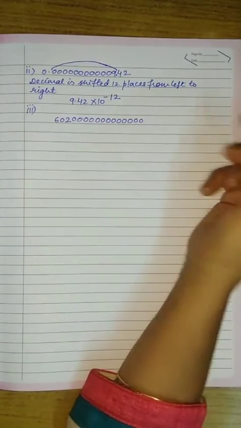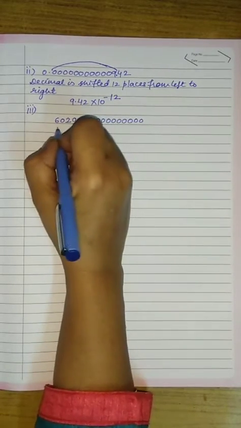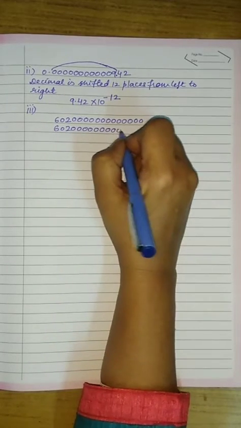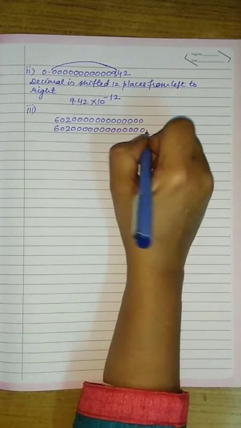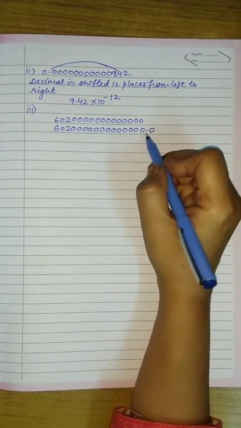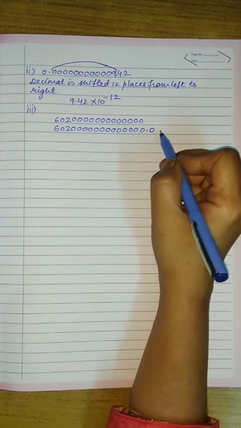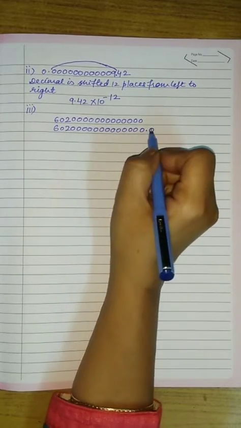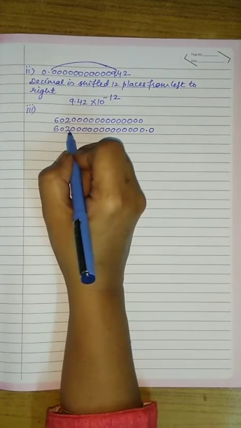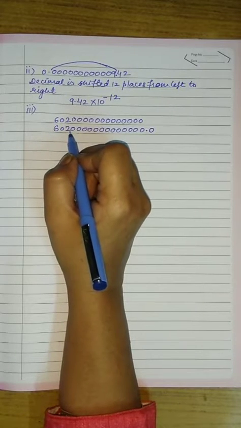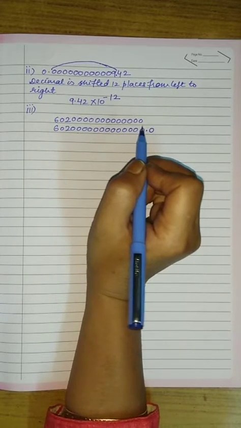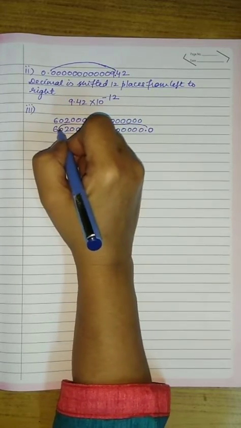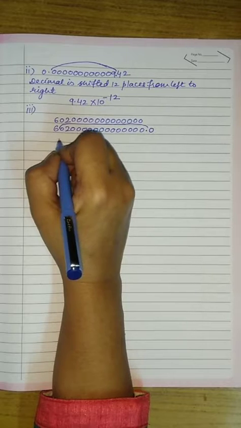Now on the right side we don't have any decimal, so I will write the number as, after the last 0 I will write decimal and 0. So now this decimal will be shifted after 6. So 13 zeros were there and 2 and 0, 2 more digits. So how many places do I have to shift the decimal? 15 digits. So when I shift the decimal 15 digits, I get the decimal after 6.